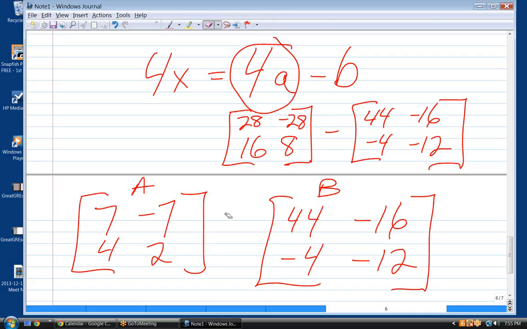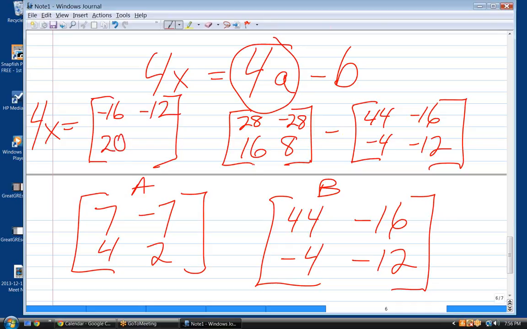So what do I get? 4x is equal to minus 16, minus 28, minus 16 is minus 12, 16 minus a minus 4 is 20, and 8 minus a minus 12 is 20 also. Did I do that right? Yeah.